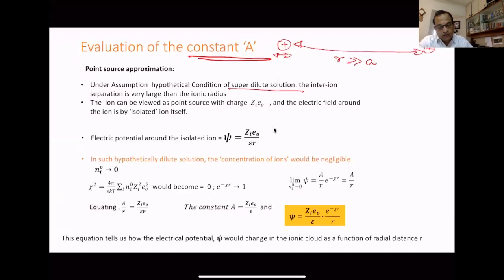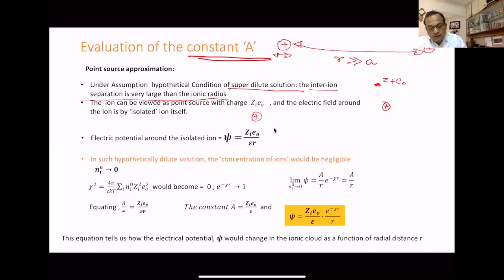Since the inter-ionic separation is very large compared to the ionic radii, the ion can be viewed as a point charge, a small dot having charge z i E0. The other ions are going to be far away from that ion, so the electric field of this ion is not going to affect the electric field of that ion, is it not?